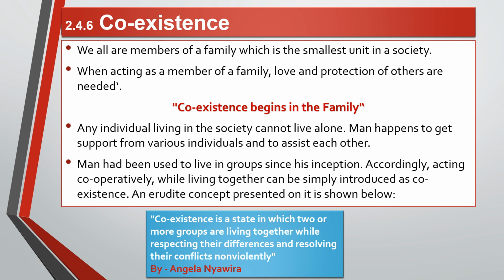Conflict cannot be avoided; naturally that might happen. Even if conflict arises, it should be resolved peacefully, that means non-violently. Non-violence means without any disputes or fighting. This was beautifully mentioned by Angela Naivira.